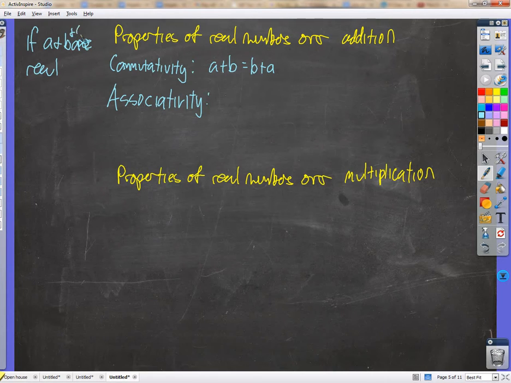So if we throw in a C now, if we say A plus B plus C, doing those two first, it would be the same thing to add B and C first, and then add A. What's that, the second from last word?